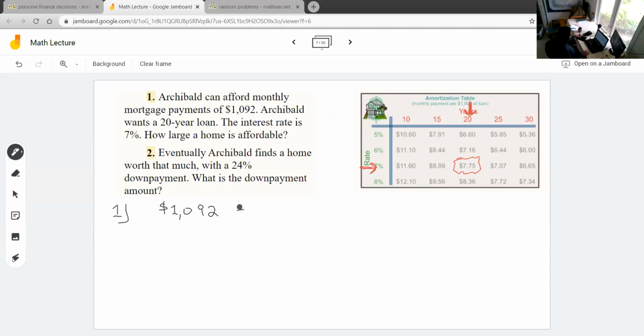Archibald comes to the bank with $1,000.92 in the suitcase. He hands it to the bank teller, $7.75 at a time. And they can do that game about 141 times before they run out of money.